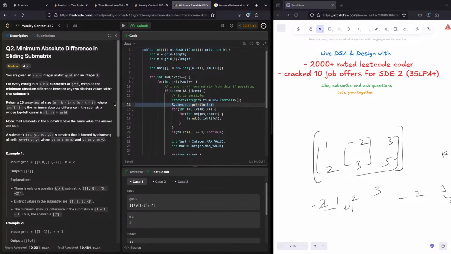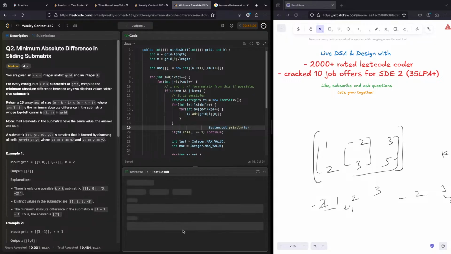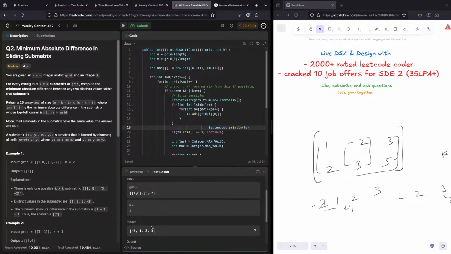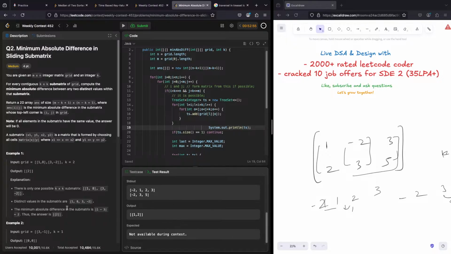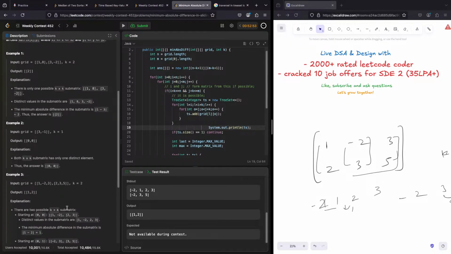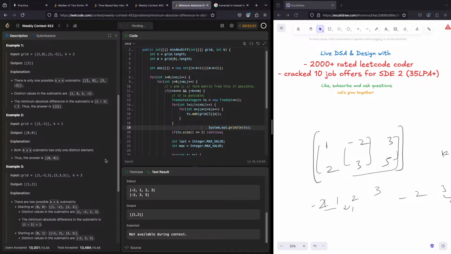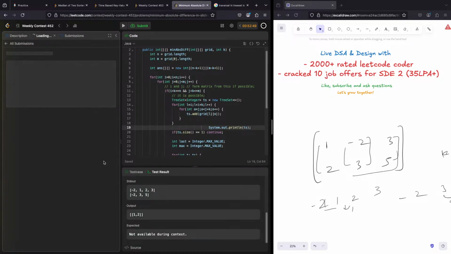Okay, this is stupid of me to print it here. Let's print it here. Then run it. Yeah, it is good. This is also good. Yeah, hopefully looks good. Let's see.